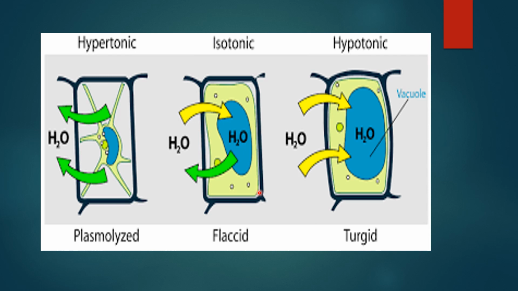It means the cell is neither becoming hard, neither becoming soft. But in this case, where cell is placed in hypertonic solution, here water is moving from inside to outside and the cytoplasm is shrinking. This is called plasmolyzed cell.